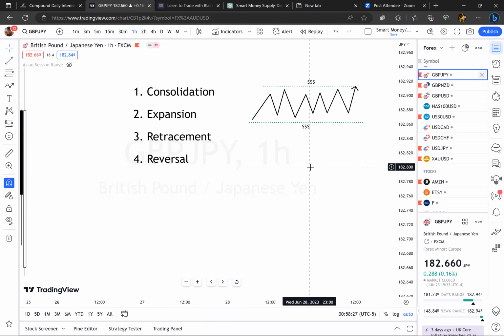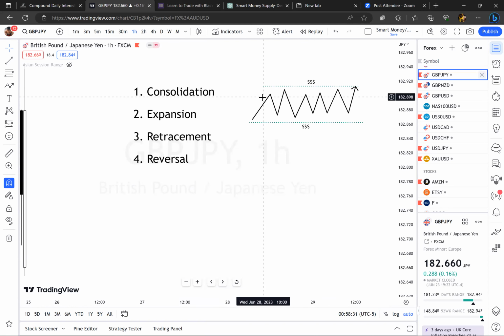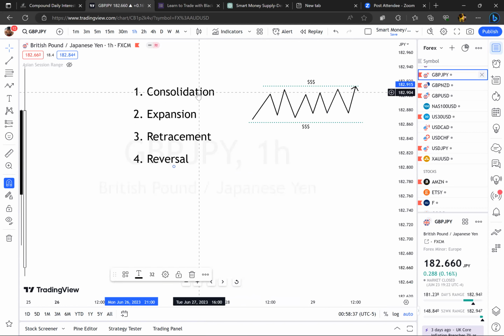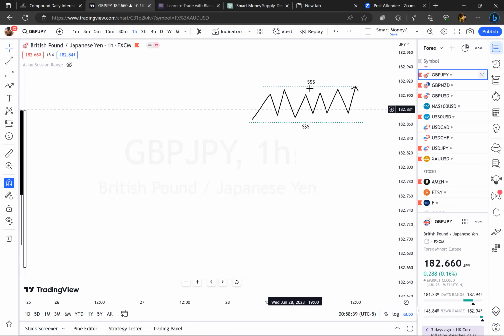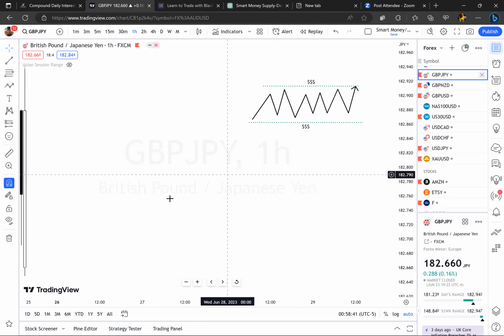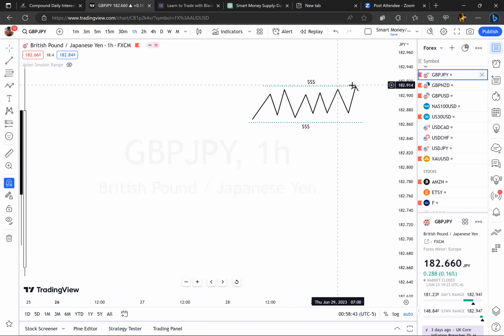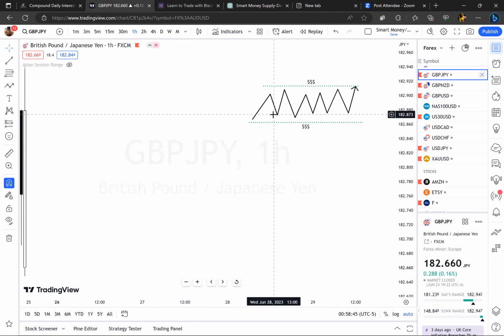Now, once we get consolidation, we move on to number 2. And what exactly is number 2? Number 2 is expansion. So check this out. I'm going to delete this right quick. With expansion, I should have moved this over some, but I'm going to redraw it.